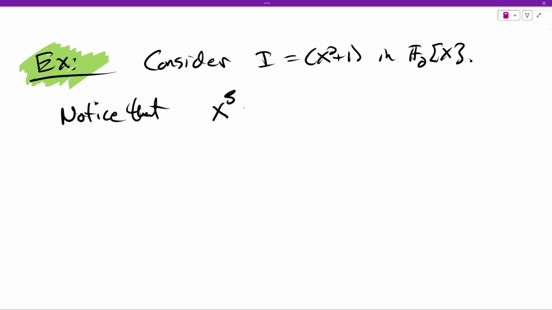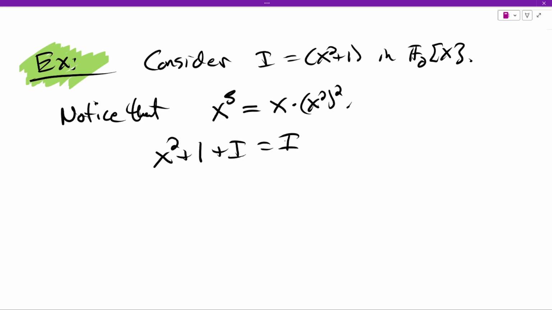fifth we can rewrite as x times x squared squared. And the reason why we might want to do that is x squared plus 1 plus I is equal to I. Why is that? Well, x squared plus 1 is in the ideal generated by I. So if I add it in, nothing changes.